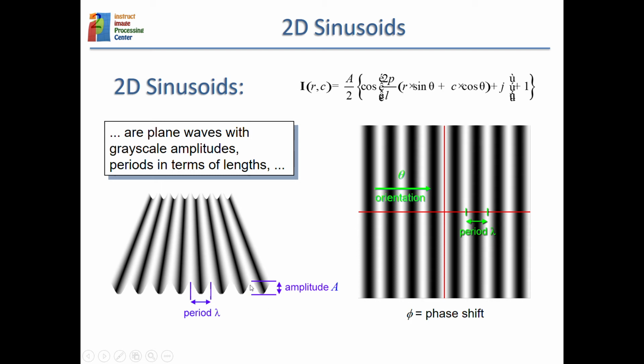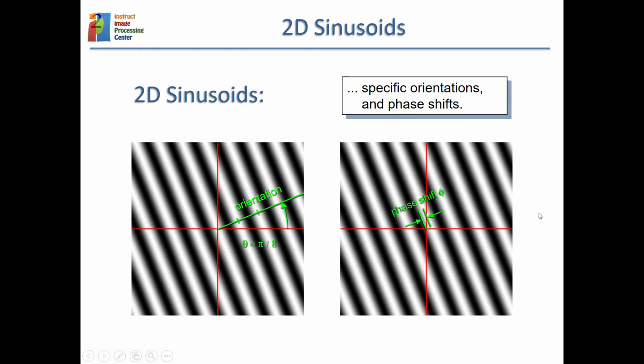They have amplitudes, that is how intense or how much contrast you have between the higher peaks and the lower peaks. And because now you are in 2 dimensions, you also have an orientation.